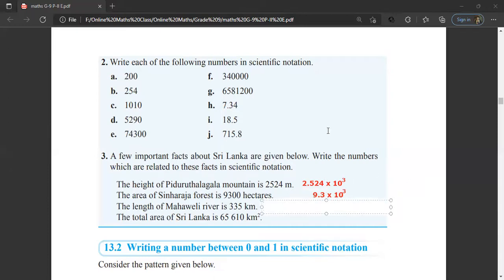Next, Mahaweli River question. 3.35 into 10 to the power 2, yes.